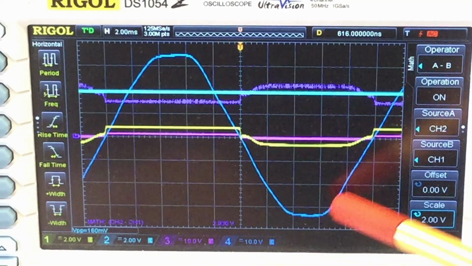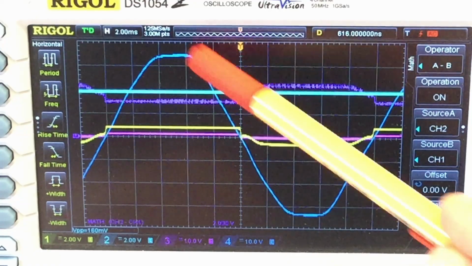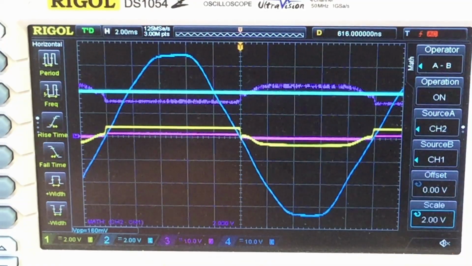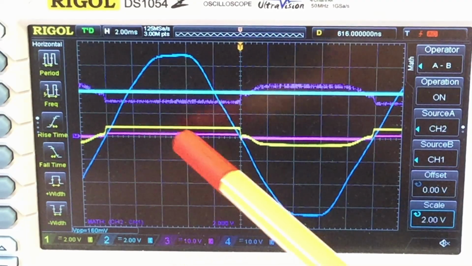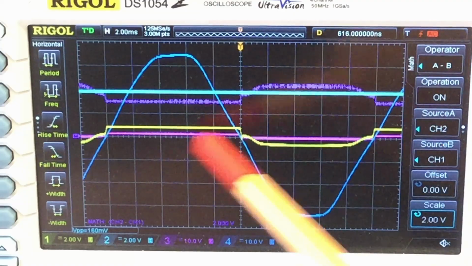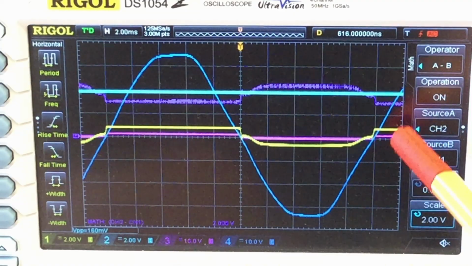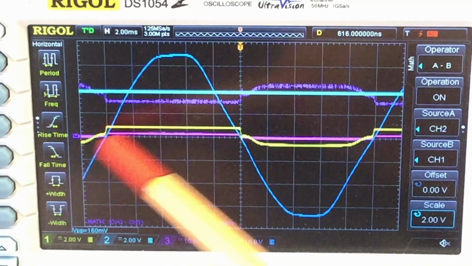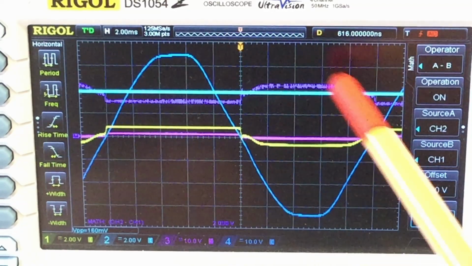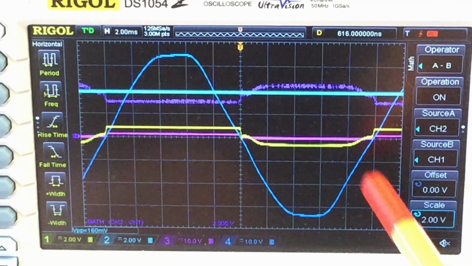This is simply our AC from the transformer, 24 volts RMS. The pink line here near 0 is the voltage drop across our main terminal 2, which should be near 0 because we have the TRIAC switched on all the time.